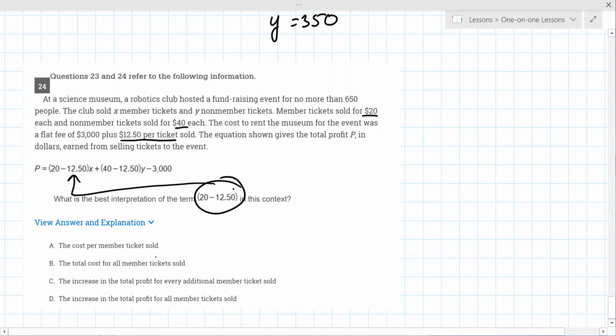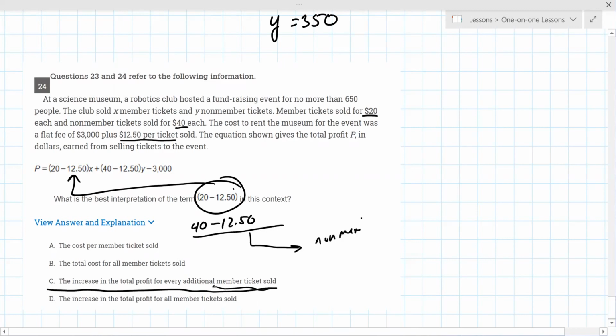So that's just for members. Yeah, but the other one is for non-members. So they could ask you, what is the 40 minus 12.50? So is that the cost? No, that's not the cost of the tickets sold. It's the increase in the total profit for every additional member ticket sold. The 40 minus 12.50 is the non-member profit.